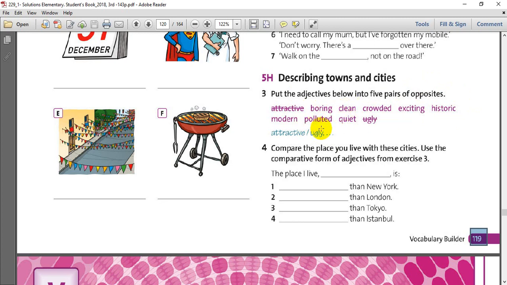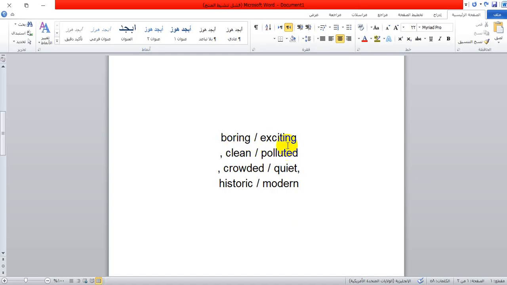Historic, modern. And crowded, quiet. Boring, exciting, clean, polluted, crowded, quiet, historic, modern.